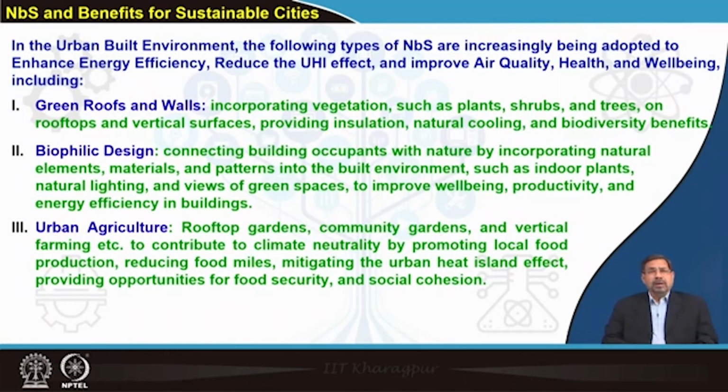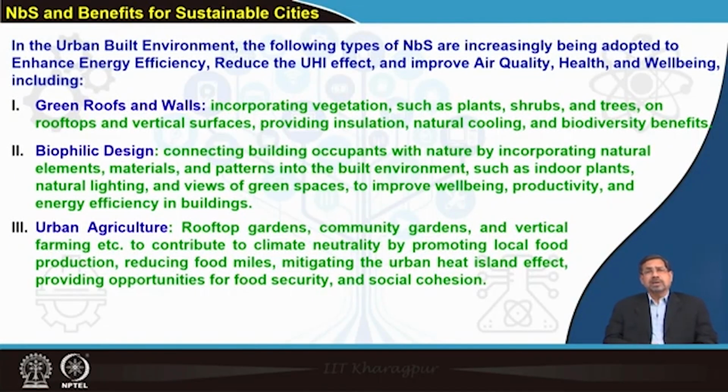And then the third one is urban agriculture. It is on a similar principle. In the cities, rooftop gardens, community gardens and vertical farming, if they are arranged in a vertical space, that is also good, because you can use that space to contribute.